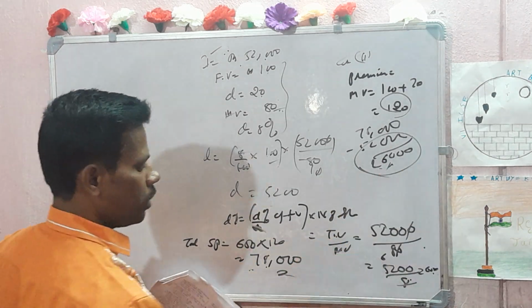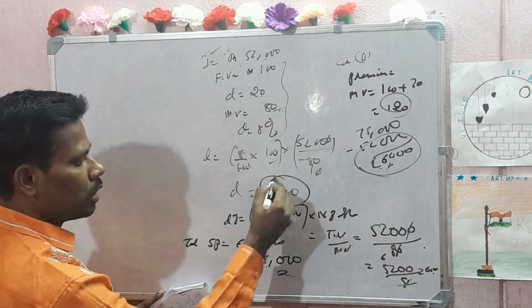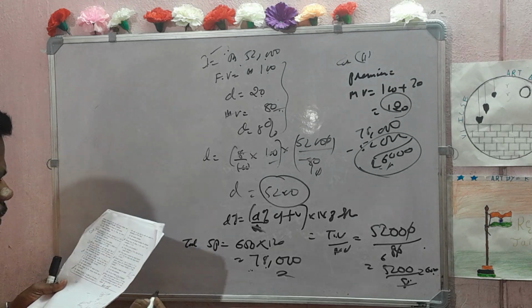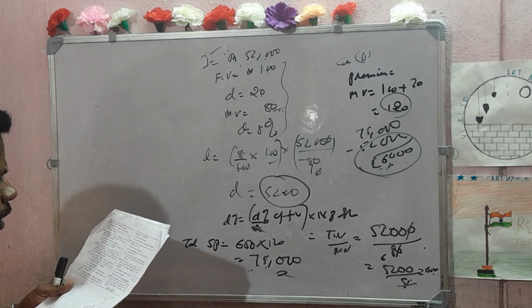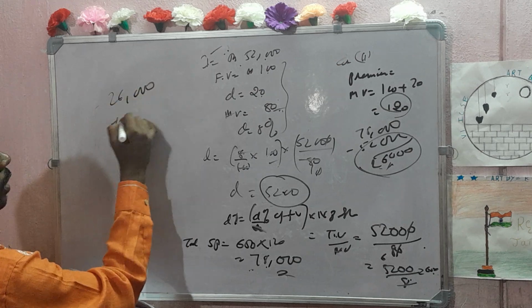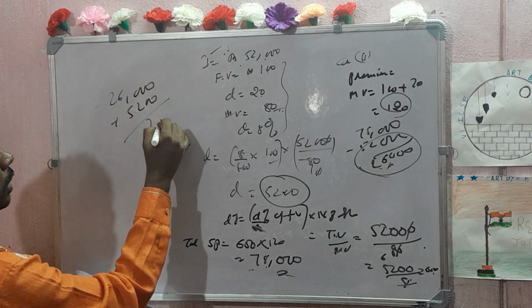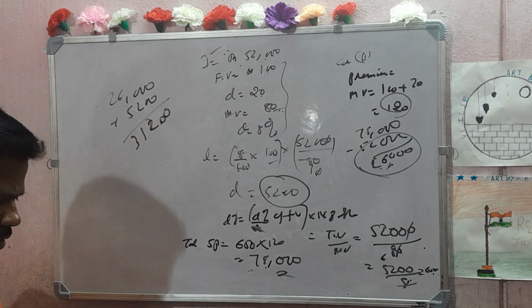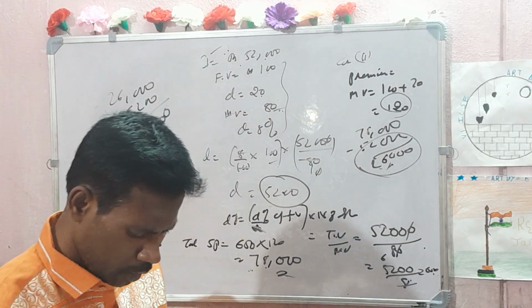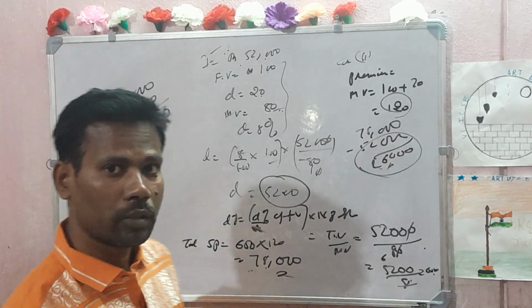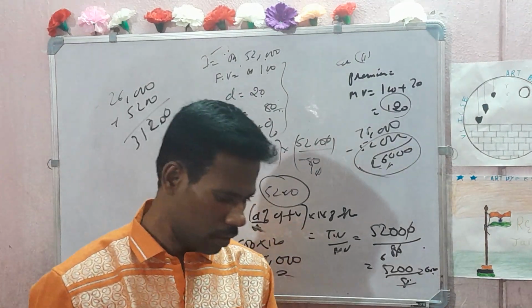Dividend is nothing but 5,200, already we calculated. So profit including his dividend is 26,000 plus 5,200, which is 31,200. So there ends the solution.